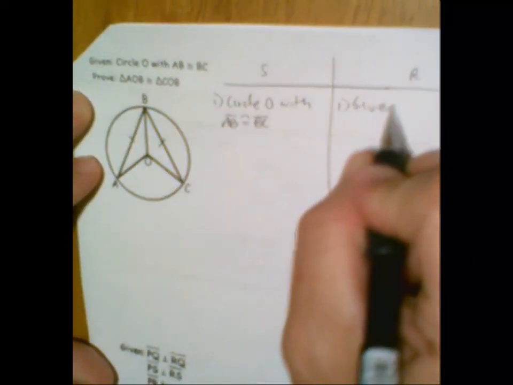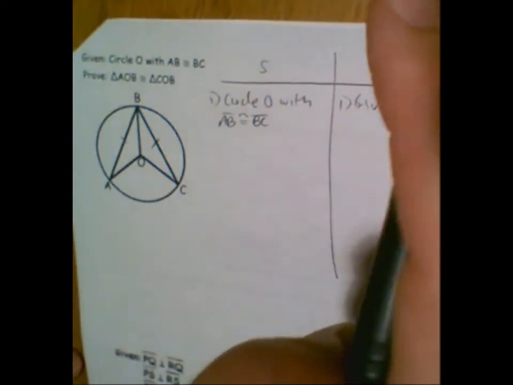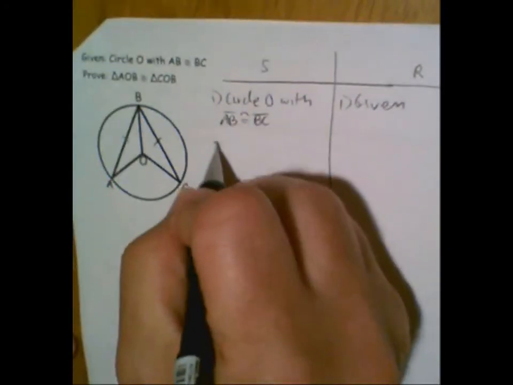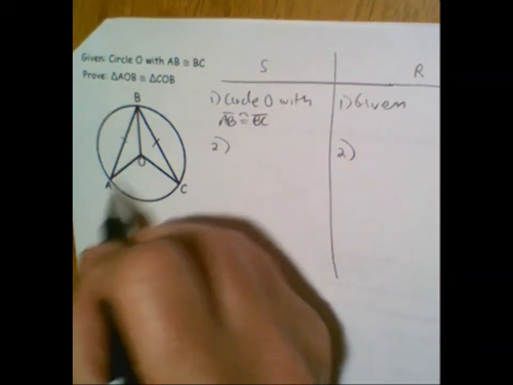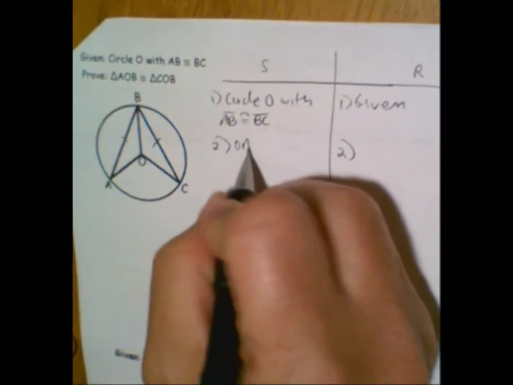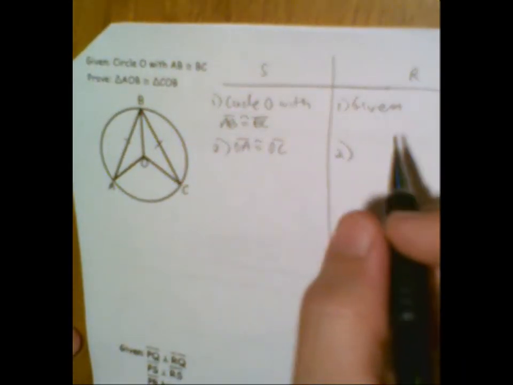Given. We're trying to prove that the two triangles are congruent. Okay, it's not going to be hard. We have the givens. We also know that OA is congruent to OC because all radii of the same circle are congruent.